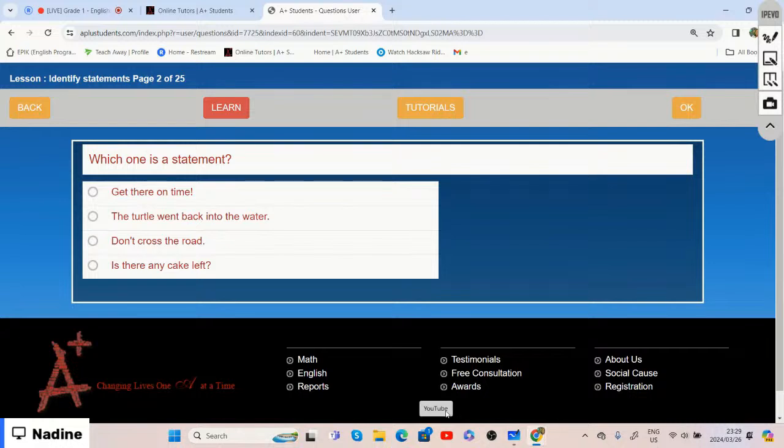Remember, we said a statement ends with a period. A period is a dot. Another word for a period, like in my country, we say it's a full stop. So it's either option two or option three. Which one is correct?